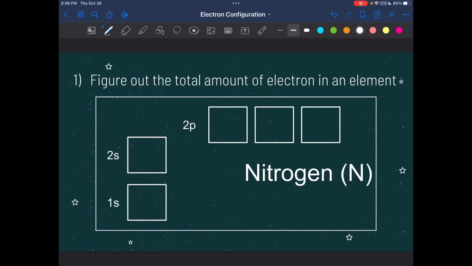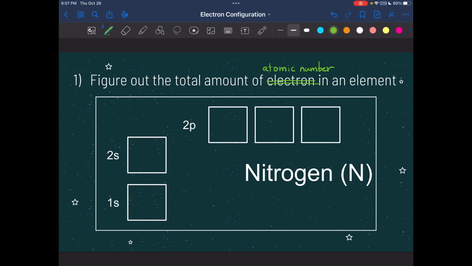So, before we do anything, we want to try to solve this problem. So if I talk about nitrogen, first of all, we need to figure out how many electrons we have in this element, okay? Or to be more specific, let's not say element. Let's say atomic number. What is the atomic number for nitrogen?